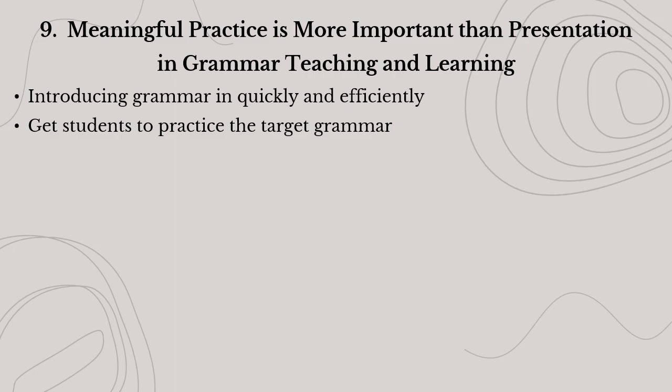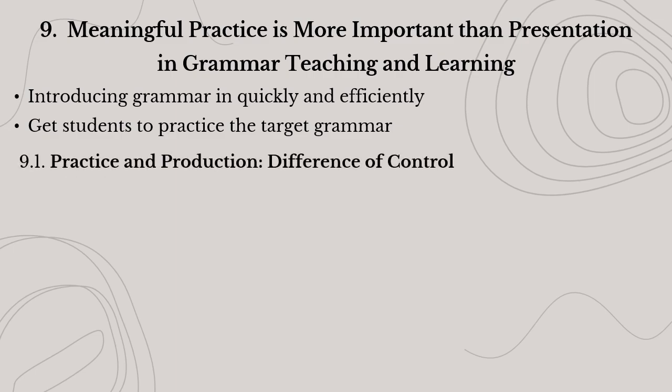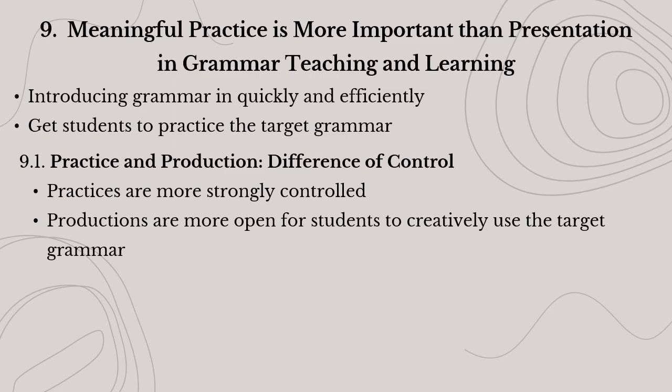which brings us to the practice and production, where we focus on the difference of control. So these two come down to how much control teachers have. In reality, practice stage or production can be quite similar. However, it comes down to how much control teachers have on the two.